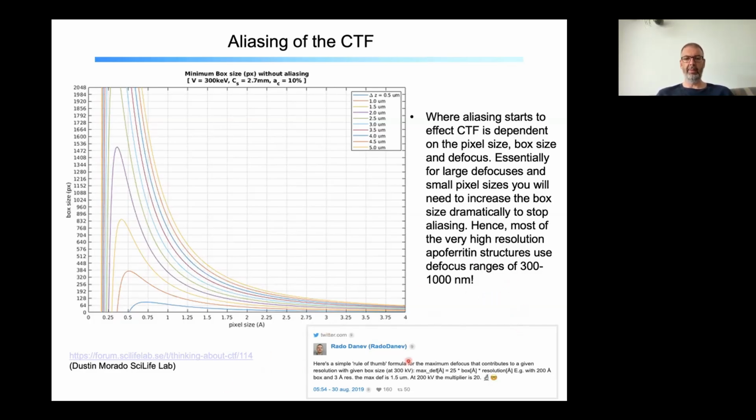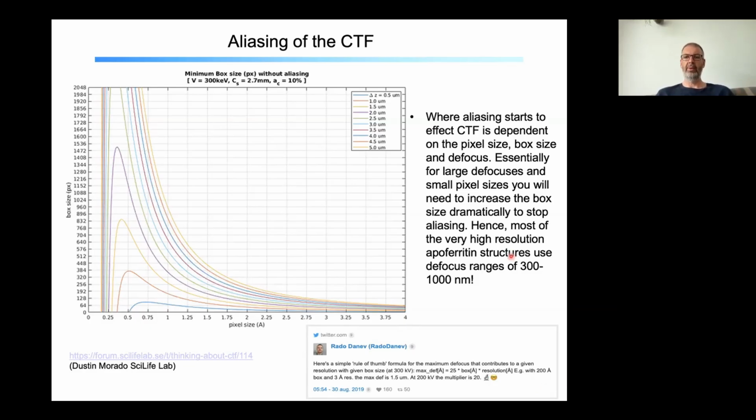And also on this same page, there was a Twitter thing from Rado. So there's, again, quite a nice, fairly straightforward formula that you can use, based on the resolution that you expect to achieve, to work out what maximum defocus you can use.